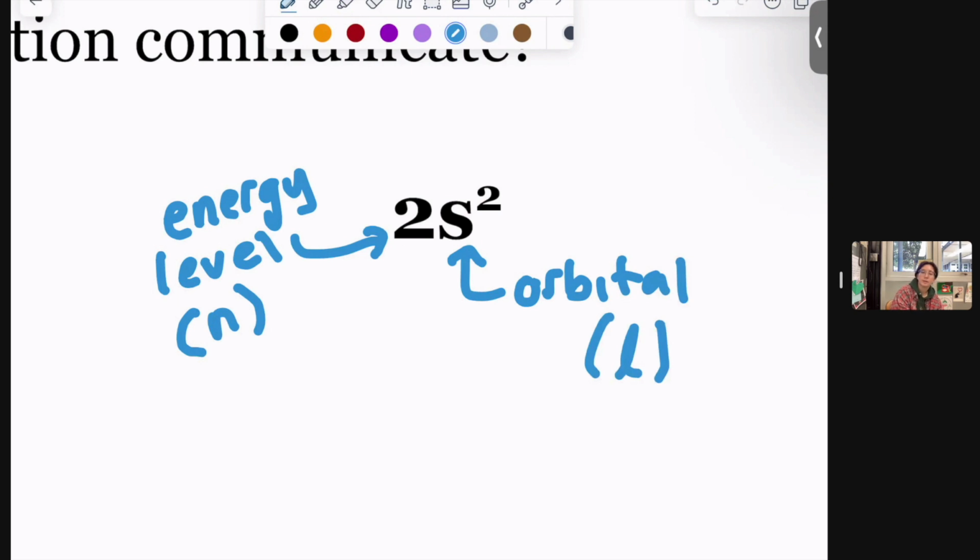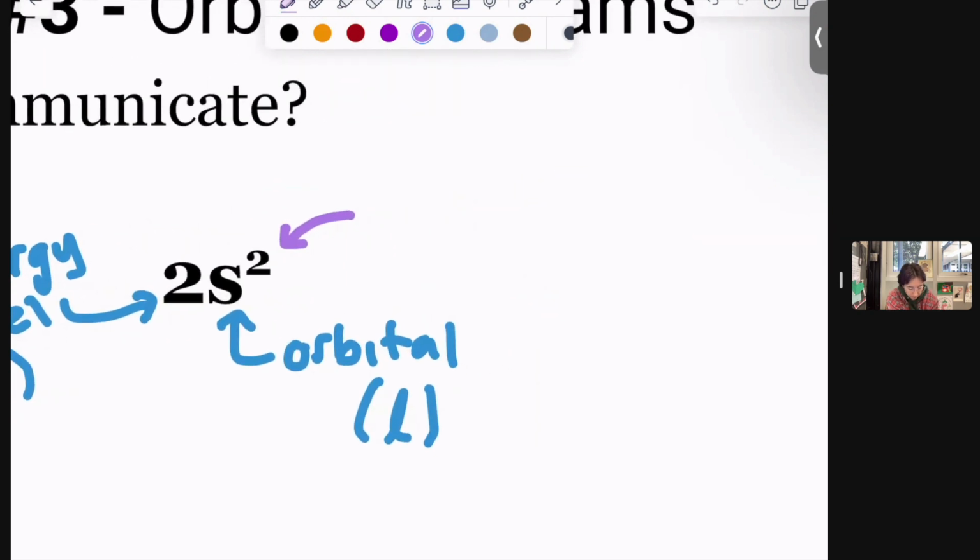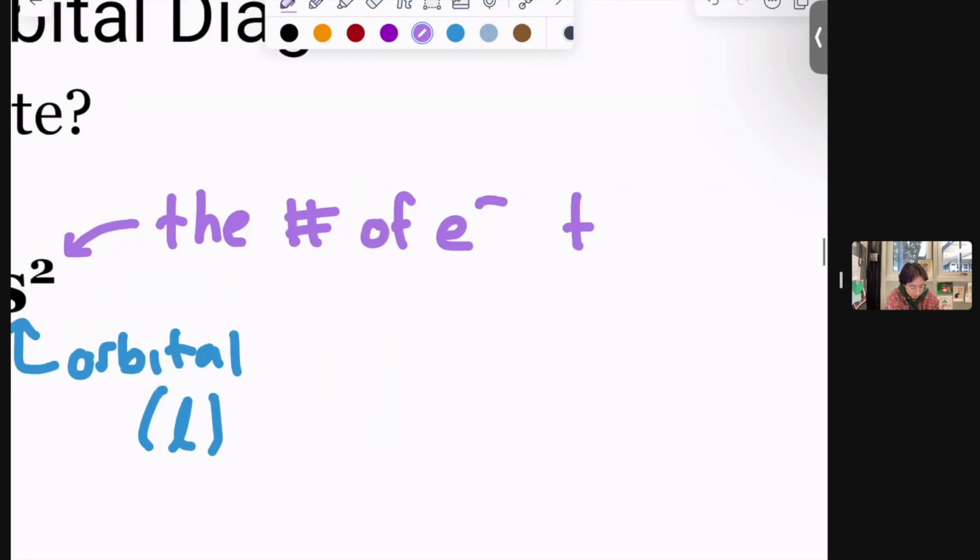So the 2s is within energy level 2, it's the s within that area. So 2s is the orbital within energy level 2. And then this part is important. The exponent, that is the number of electrons in that orbital.